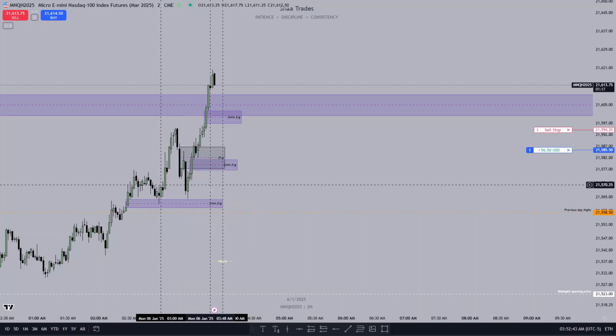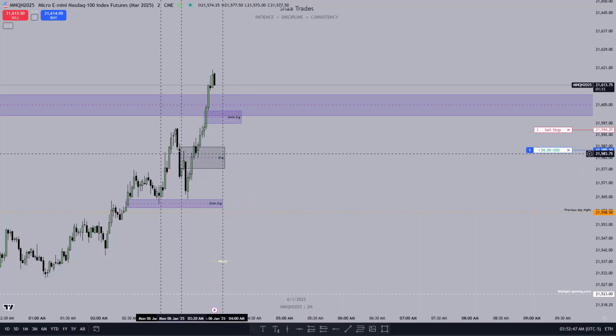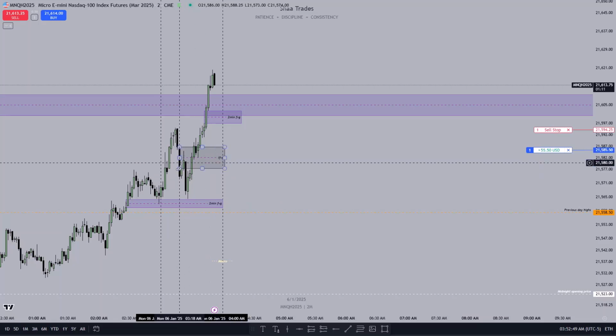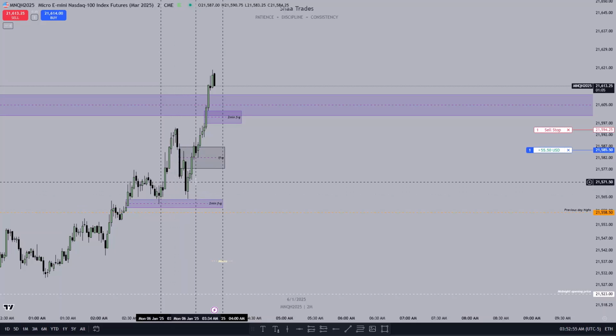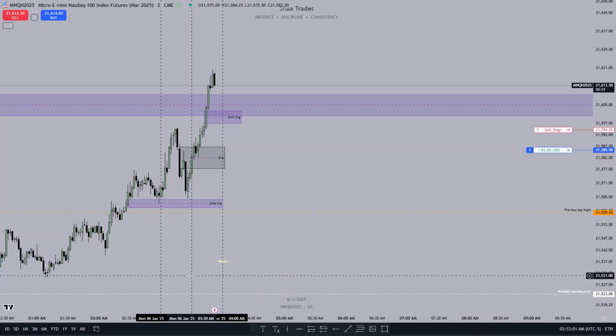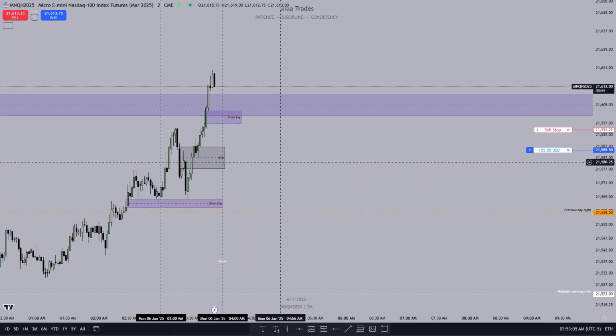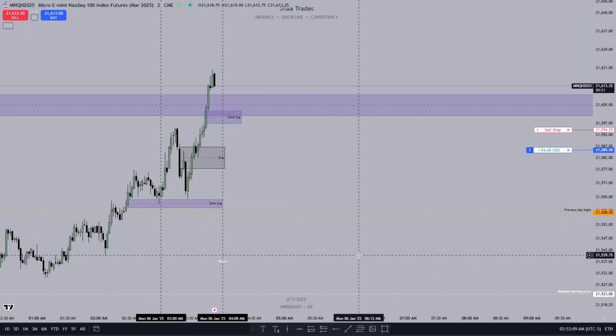You see how this was a fair value gap and price respected it, went lower. So in my head, I'm like, okay, price closed beneath this. I'm going to treat it as an inversion to go lower towards the midnight open, which is what I typically look for.